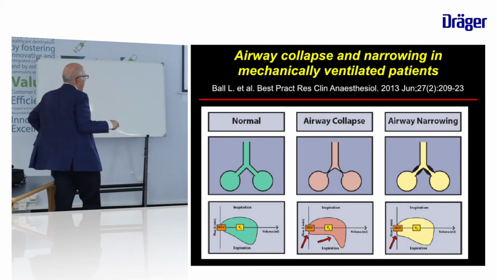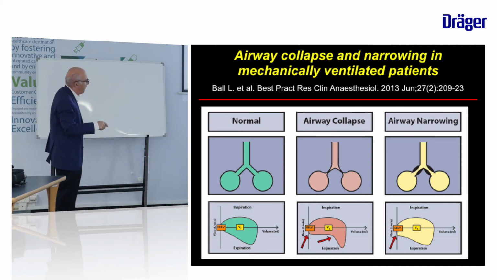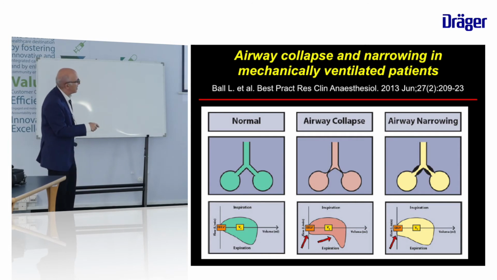And you see that you have a peak flow, which usually is lower than normal, and then you have a convexity towards the volume axis, and then you have flow, no zero flow at end expiration, okay? So you are likely to have auto-PEEP here, because you have no zero flow, and you have this kind of curve in expiration in the flow volume curve.